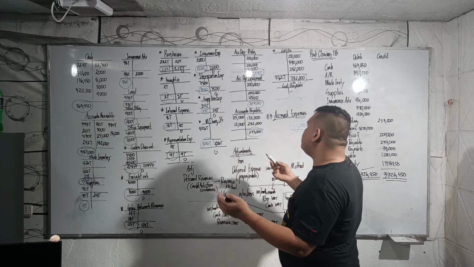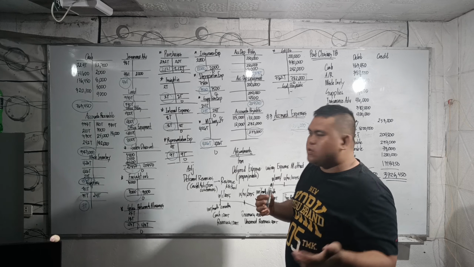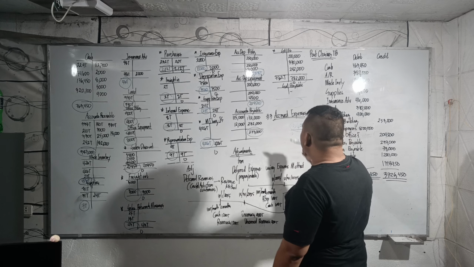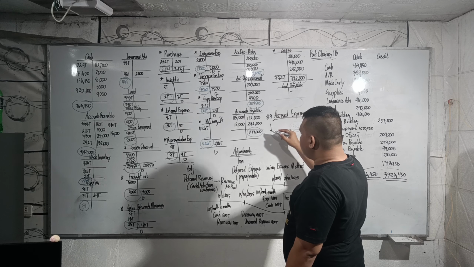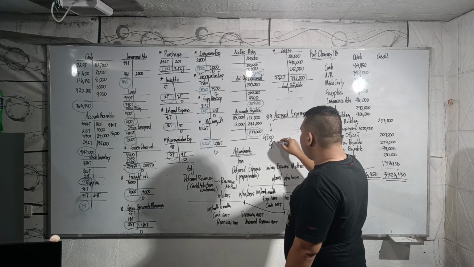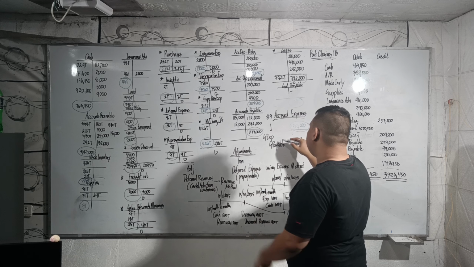And number four is accrued revenues, by the way. So there are four types of adjustments that you are going to reverse only. So we have the accrued expenses. So the accrued expenses, as I can still remember, salaries expense, salaries payable. Accrued expenses follow this pattern: expense and then credit payable.